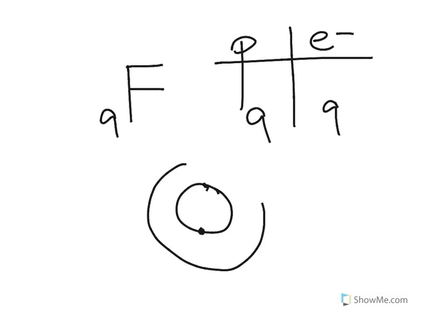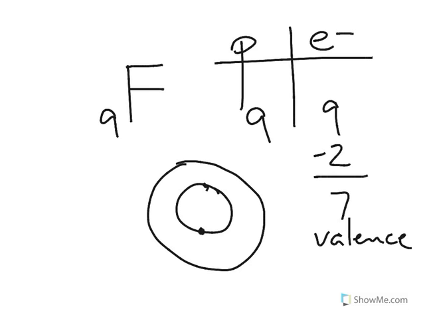And if we move on to the second energy level, that's 9 minus 2 electrons. So now there's 7 electrons left, and there happens to be 7 valence electrons for fluorine. So we just put 1, 2, 3, 4, 5, 6, 7. Oh, sorry, not 8, but 7.